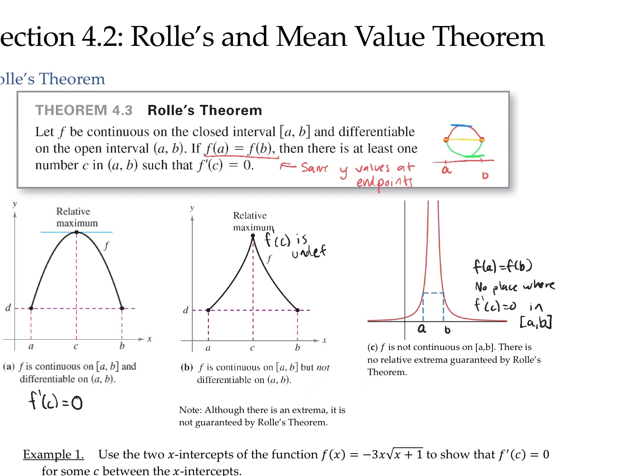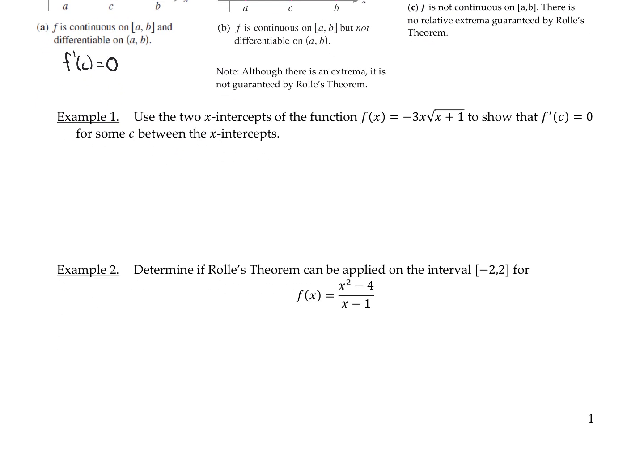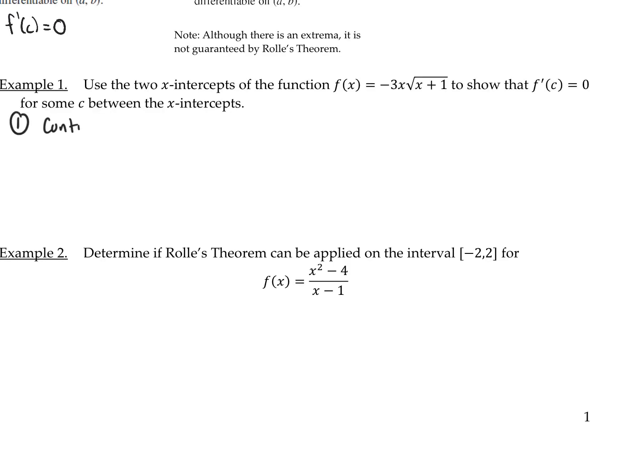The easiest place we can do this is the x-intercepts. If we have two x-intercepts of a function, then somewhere in between the derivative has to be 0. So example 1, we're going to use the two x-intercepts of this function f of x to show that f prime of c equals 0 for some c between the two intercepts. The first thing that we need to check is continuity.